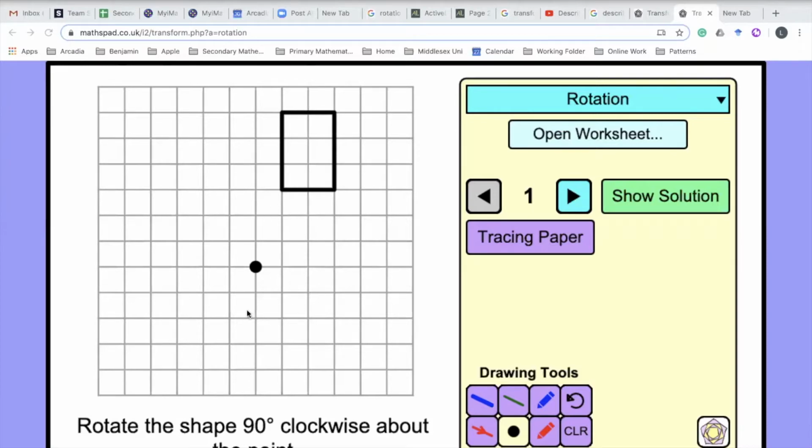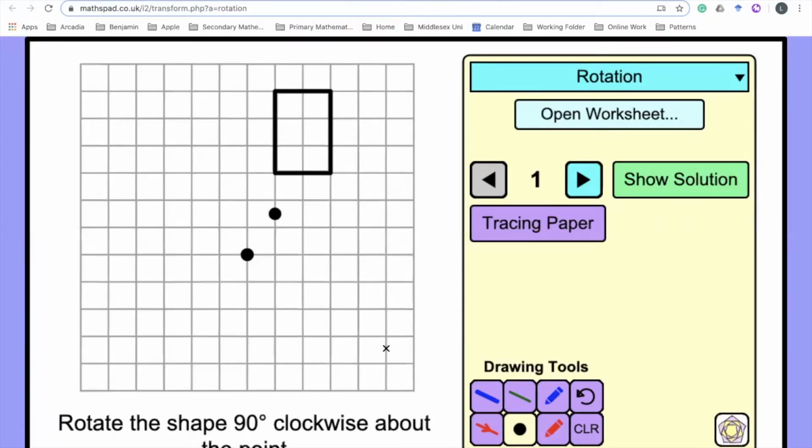So clockwise is this way, anti-clockwise is this way, and 90 degrees is a quarter turn. 180 is half a turn, 270 is 3/4 of a turn, and then you've got a full turn, which is 360 degrees.